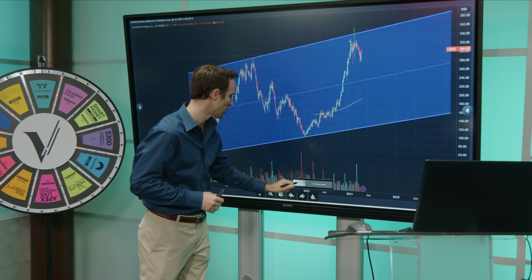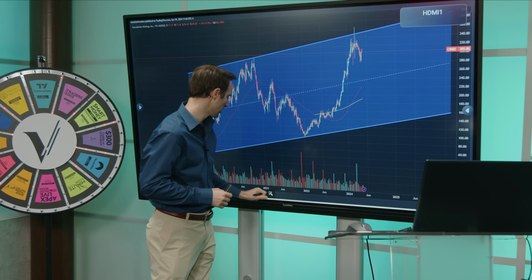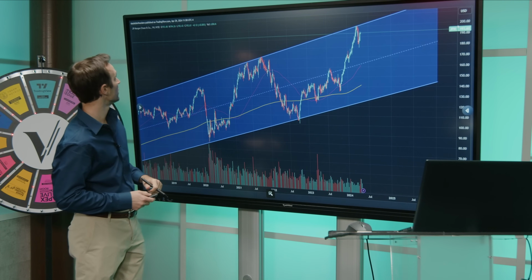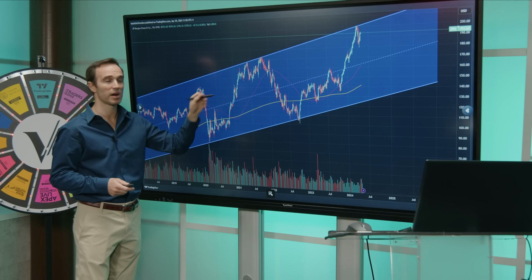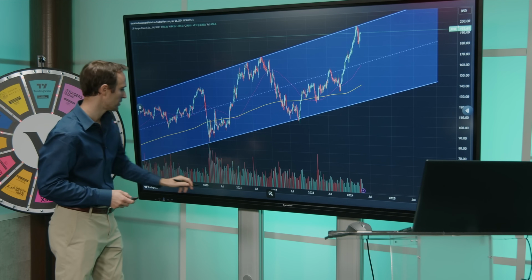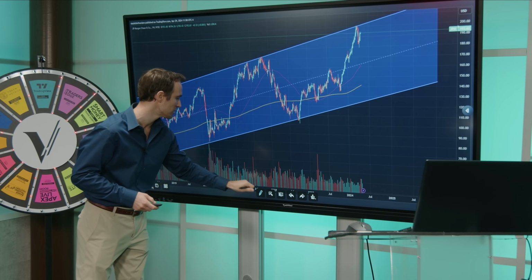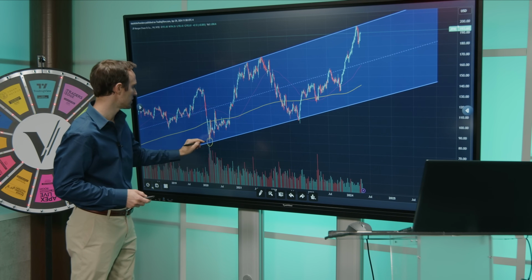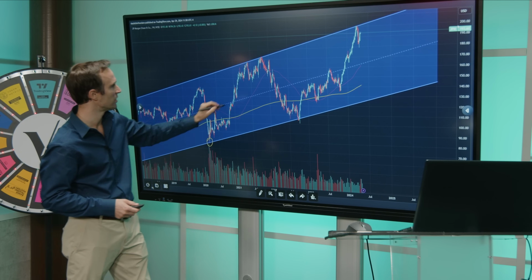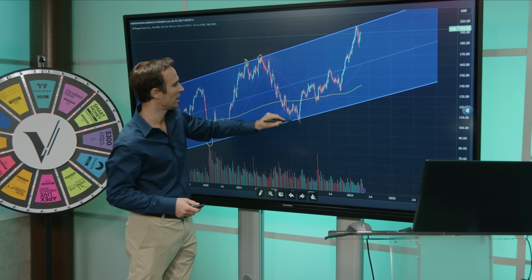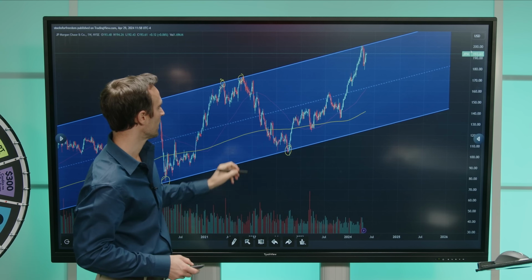All right, so let's take a look at the next chart here. This is JP Morgan, similar parallel channel here. You can see these trend lines or these nice areas right there, right? That's pivot low, pivot high, pivot low. And look at this.